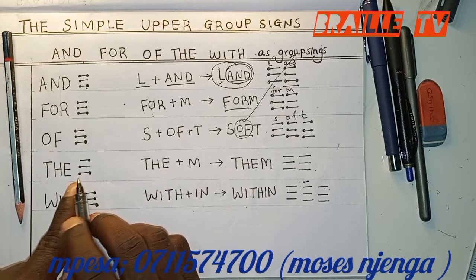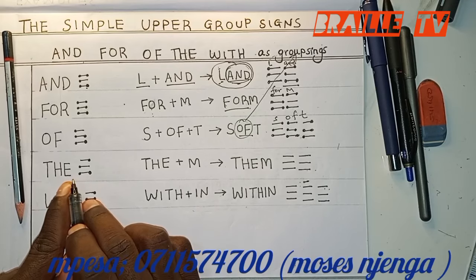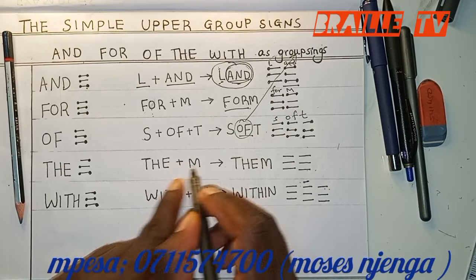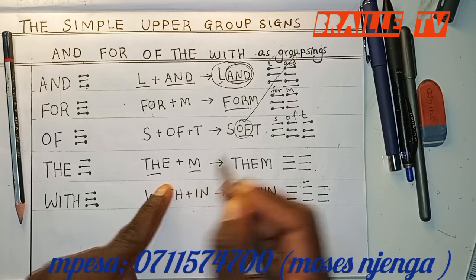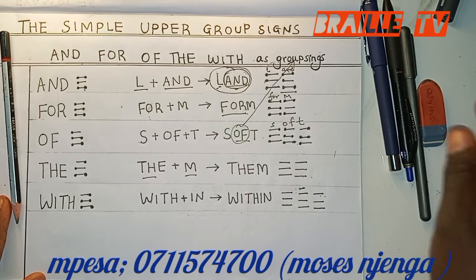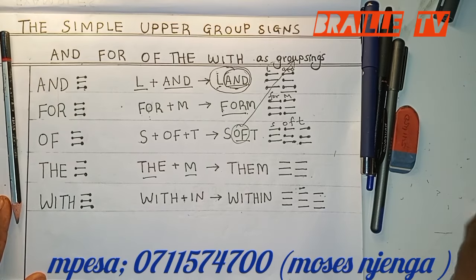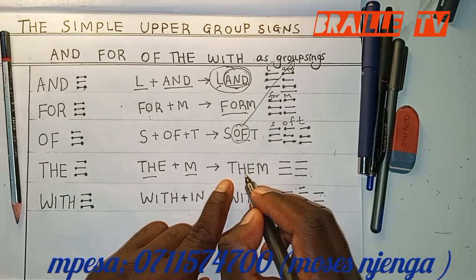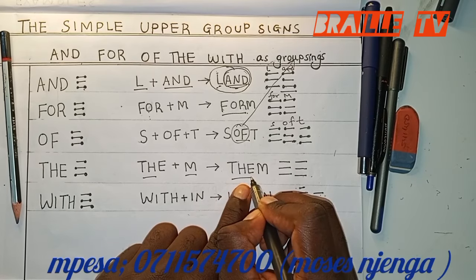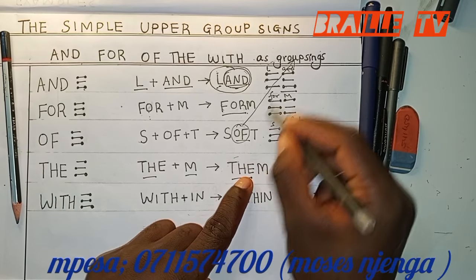Now, let us come to there. You can bring there and then you add M. So this one added to this, they form a group, whereby this group is the longer word them, and therefore there you contract it, whereby it has been used as a group sign.